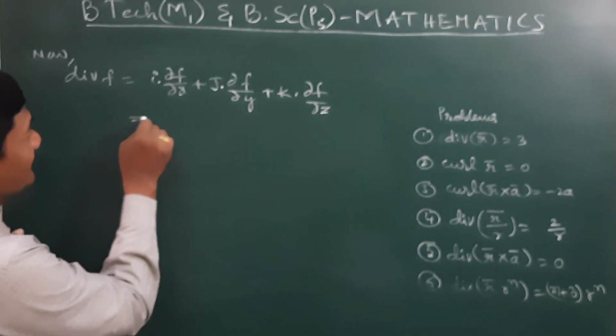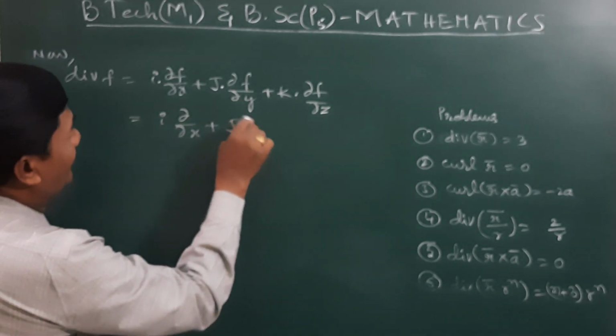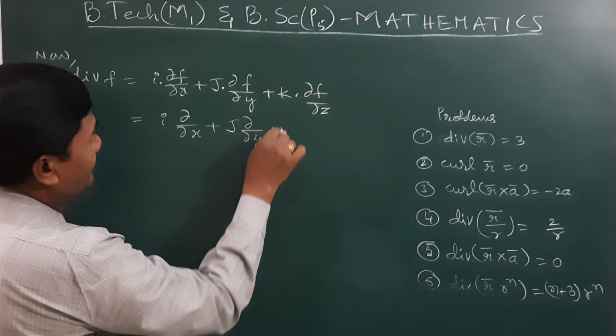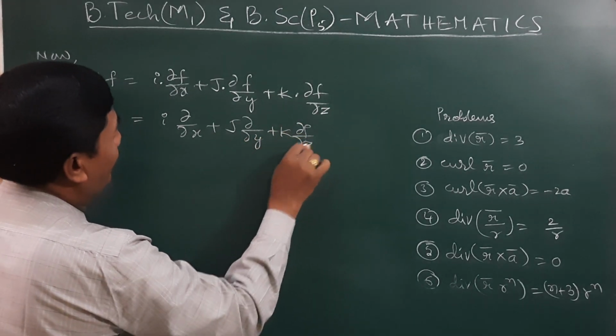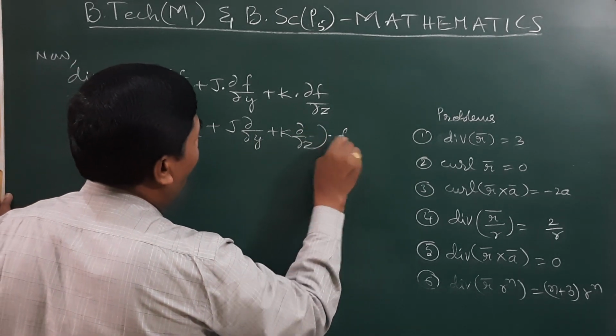This is equal to i dou by dou x plus j dou by dou y plus k dou by dou z dot f.